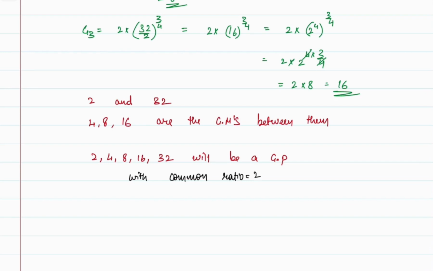So the common ratio is 2 and the first term is 2. So this is the method to find n geometric means between two given numbers. Hope you understood well. Thank you.